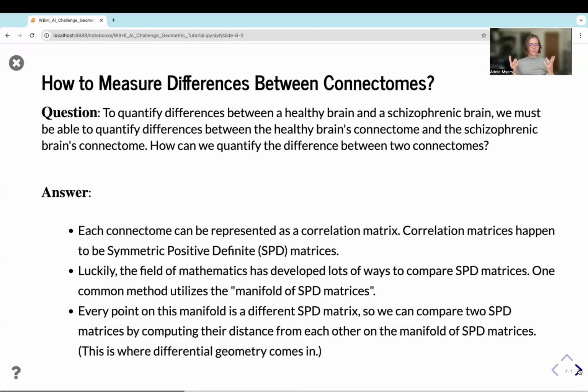And in the case of the manifold of SPD matrices, every single point in this abstract mathematical space is a different SPD matrix. So to compare two SPD matrices, we just have to identify which points they correspond to on the manifold and then measure their distance from each other on the manifold.